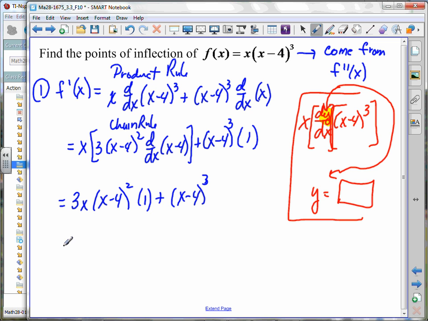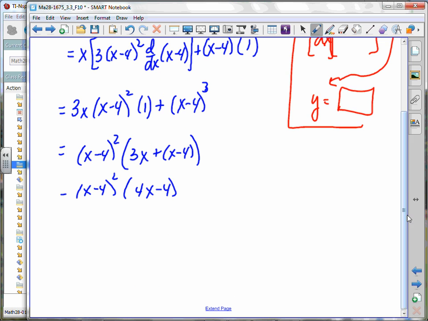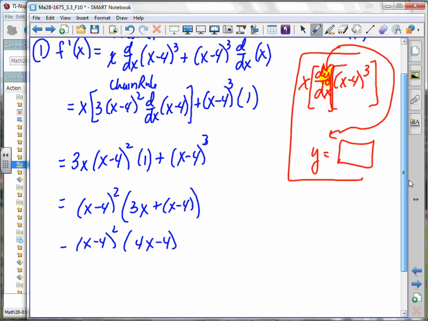So, how you finish this up is up to you. You might say, I'd like to factor out an x minus 4 quantity squared, and that gives me 3x plus x minus 4, or simply x minus 4 quantity squared times 4x minus 4. That may be where you want to go with that.